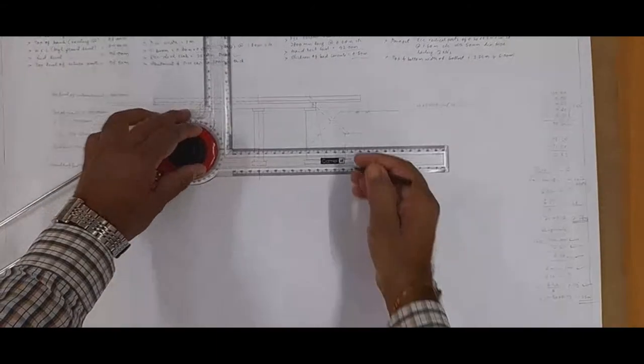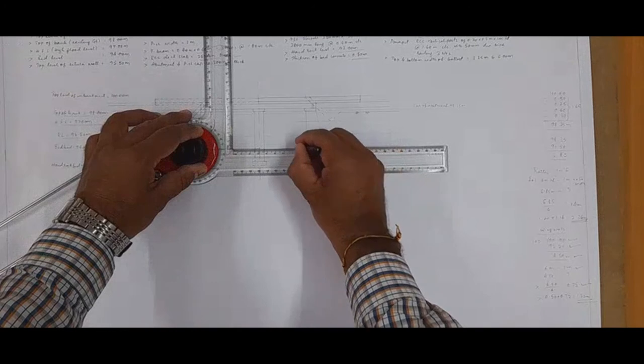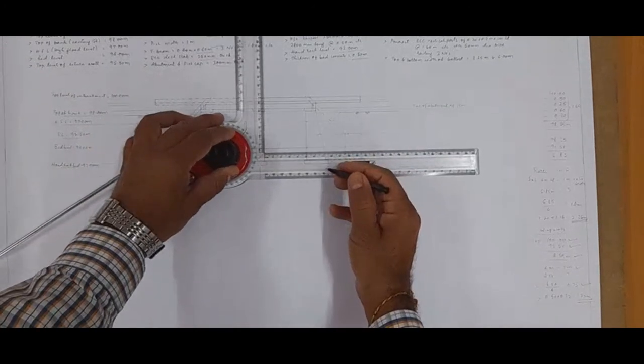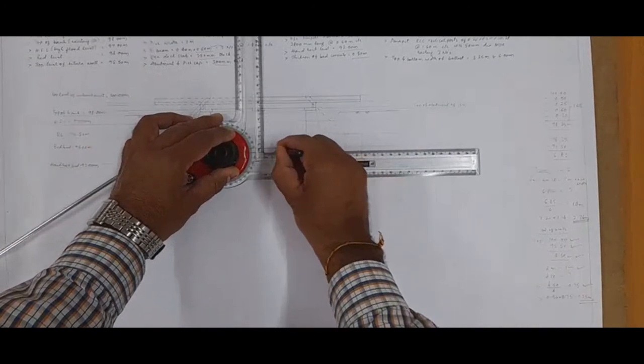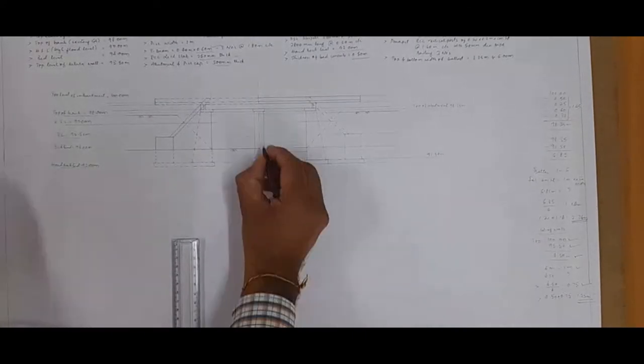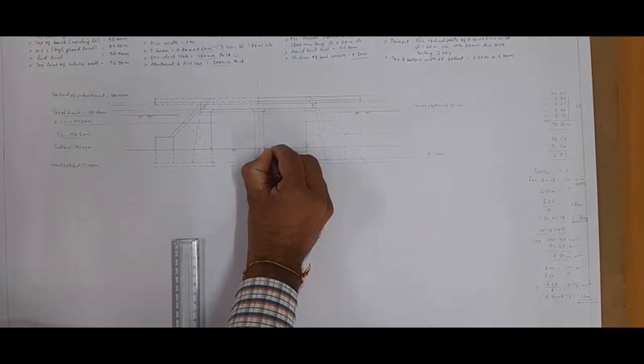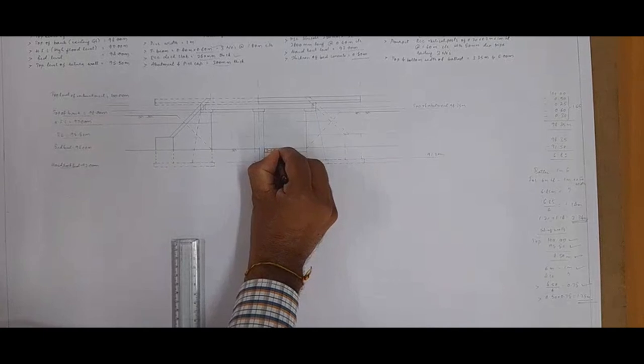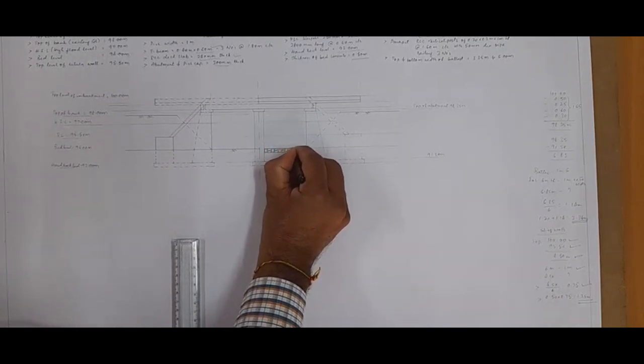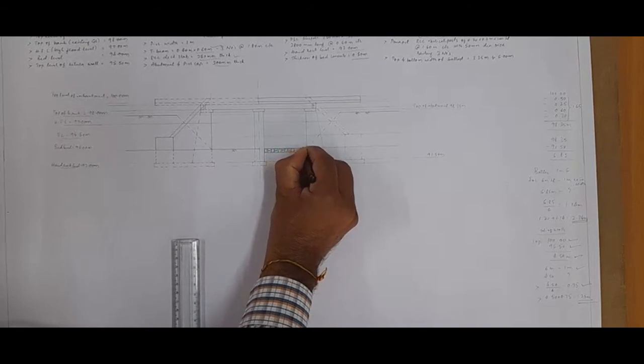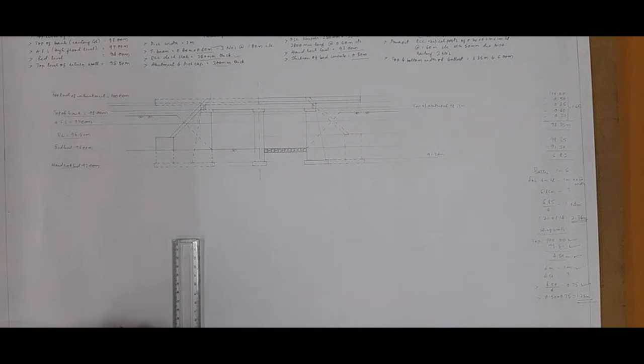Now shall show some protection work here for the bed. So generally it will be done in the form of a pitching. So I am assuming a 0.5 meter pitching here. So we have completed the level.